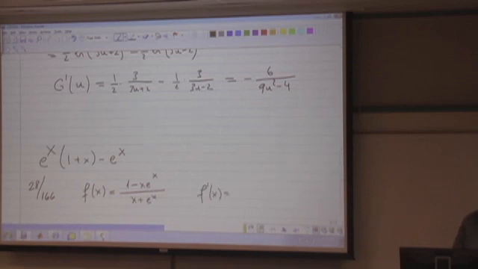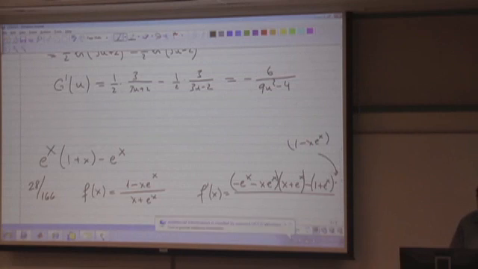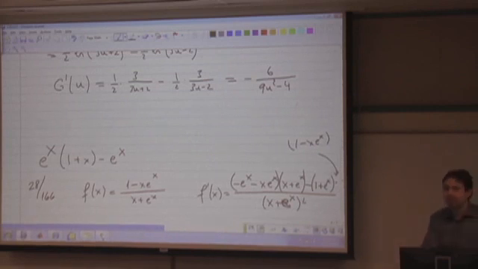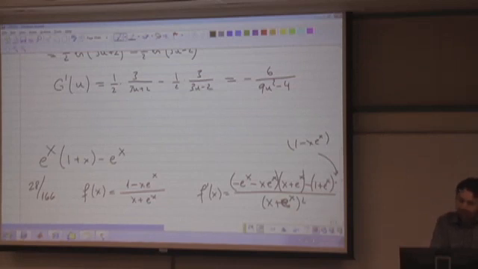So when you look at f prime, you have minus e to the x minus x e to the x, times x plus e to the x, minus 1 plus e to the x times 1 minus x e to the x, divided by x plus e to the x quantity squared. Right? Okay, I see what I did.